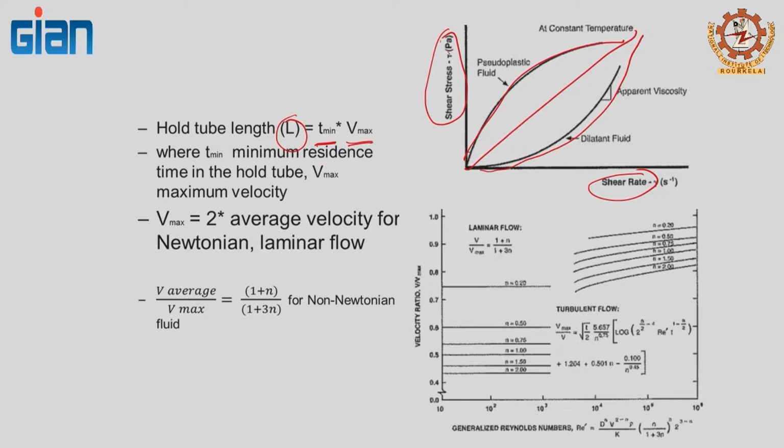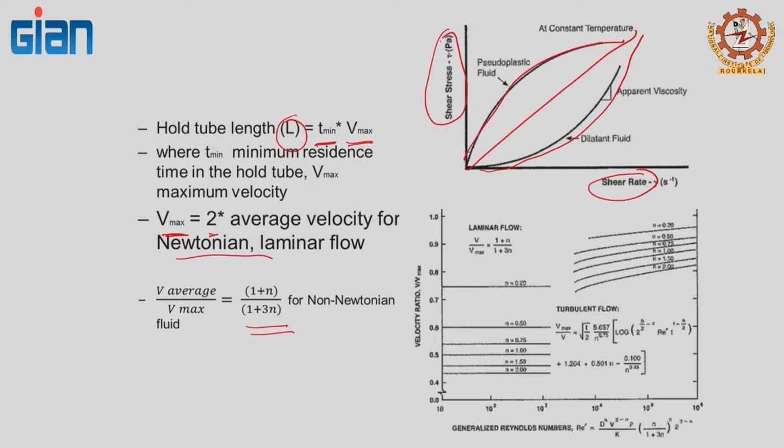So, for that you use certain mathematical models, which I am not going to go into details, but just to take here, you have certain velocity. You identify the maximum velocity based on 2 times the average velocity for a Newtonian fluid, or for a non-Newtonian fluid use this type of relationship. So, there is a lot of math that goes behind here.